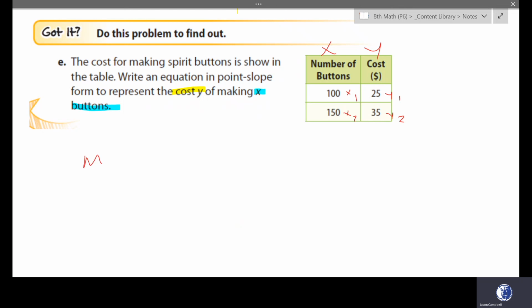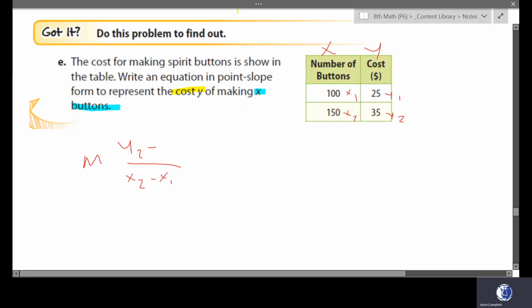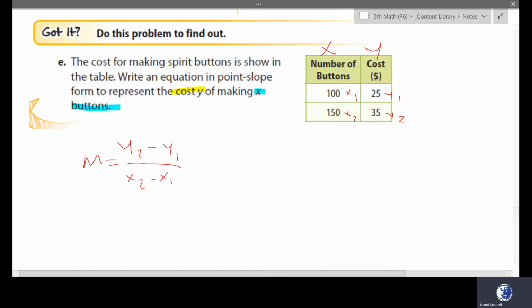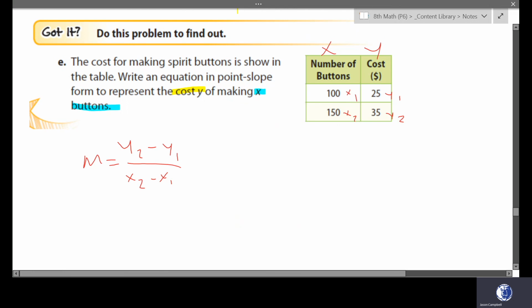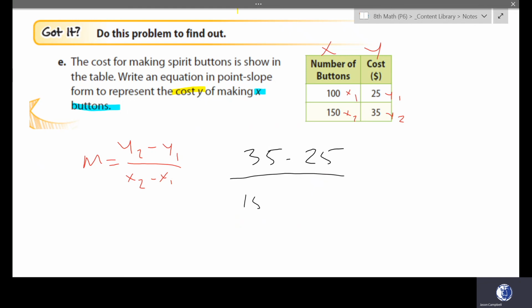I need to find my slope, which is y2 minus y1 over x2 subtract x1. So I'm going to plug in 35 subtract 25 over 150 subtract 100. 10 over 50, which is equal to 1 over 5. So my slope is 1 over 5.